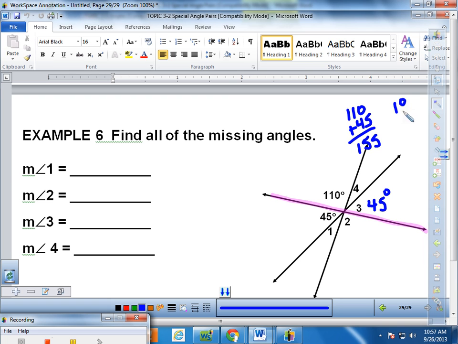Then I take 180, because I have a straight line, I subtract 155, and this measure is 25 degrees. If I look from angle 4, angle 1 is vertical. It's 25 degrees. And angle 2 is vertical. It's 110 degrees. So just fill this in. 25, 110, 45, and angle 4 was 25.